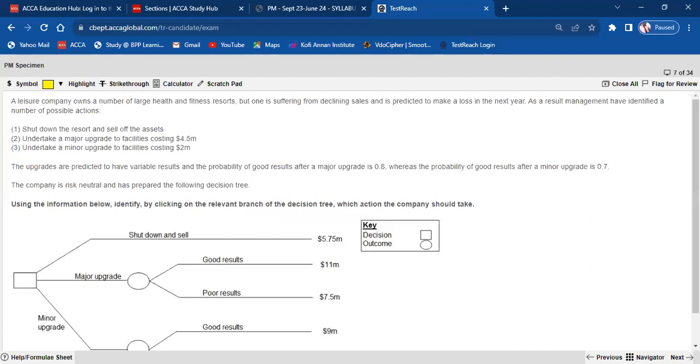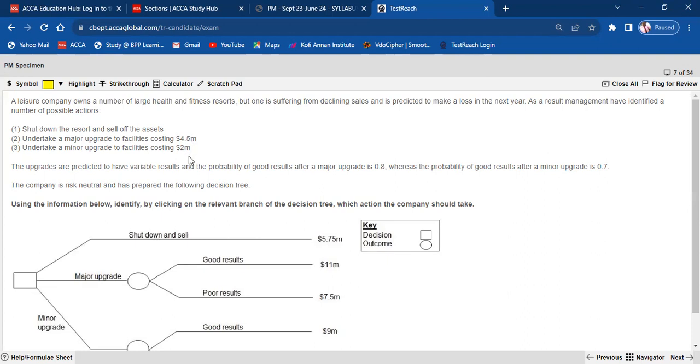As a result, management have identified a number of possible actions. 1, should we shut it down, sell off the assets? And if you look down the decision tree, that is a straight outcome of making $5,750,000.